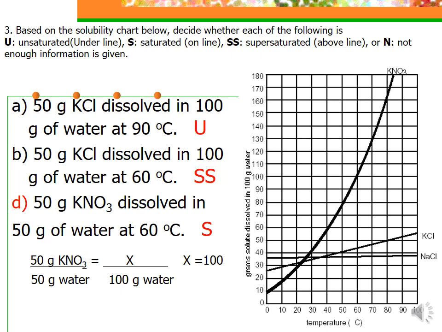So if we have 50 grams in 50 grams of water, that would be the same as 100 grams in 100 grams of water. So at 60 degrees, that's at 100, but we only have 50 in 50, so we know that would be the same as hitting that line point, so it's going to be saturated. So that's a little more challenging when you have to stop and convert, because this water measurement is different. We had to do some conversion for that.